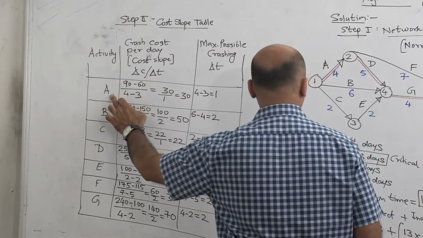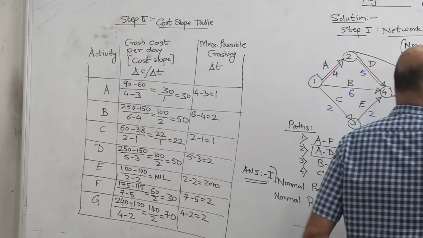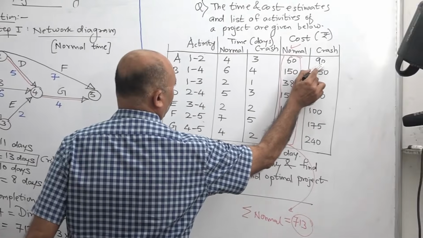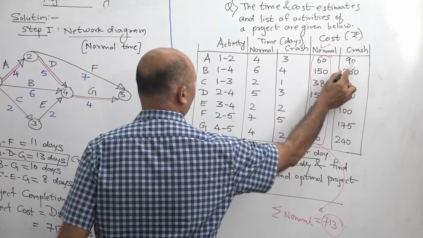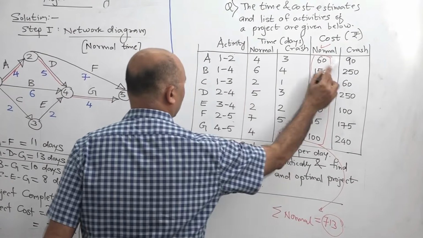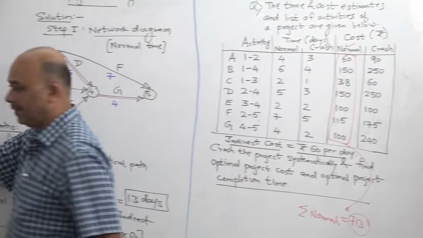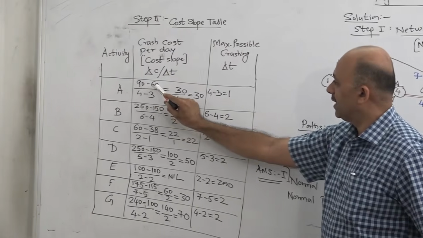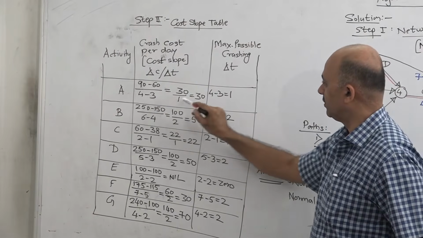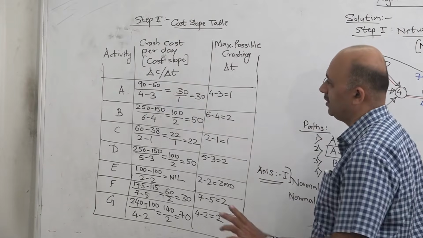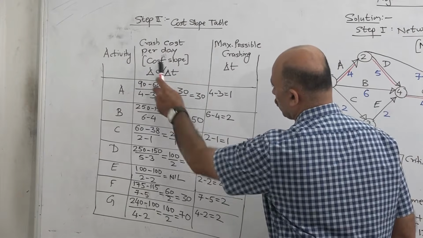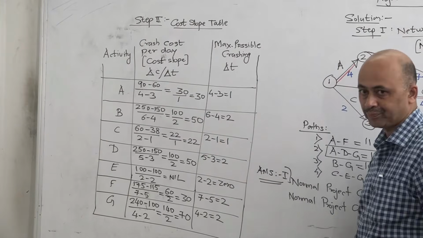For A, crash cost is 90, normal cost is 60, so 90 minus 60 divided by 4 minus 3, that is 30 upon 1, so 30. It means for activity A, crash cost per day is rupees 30.